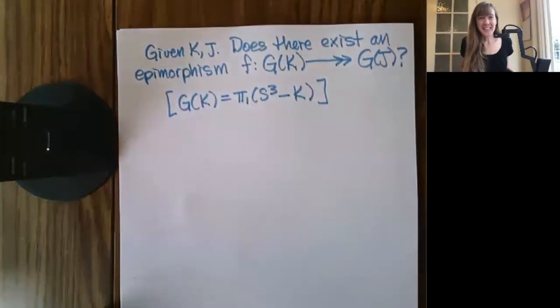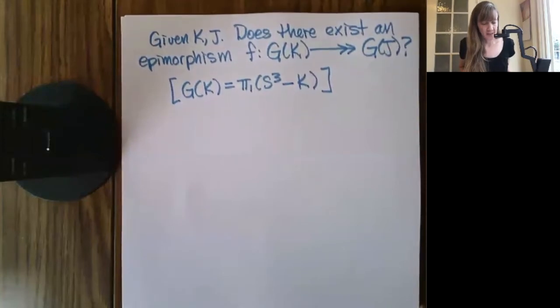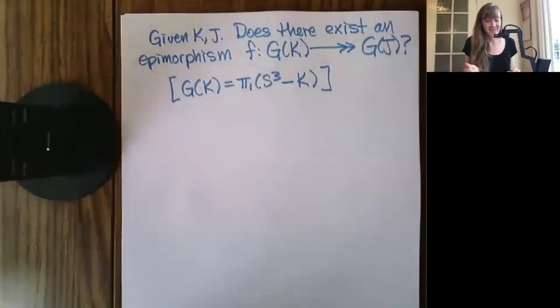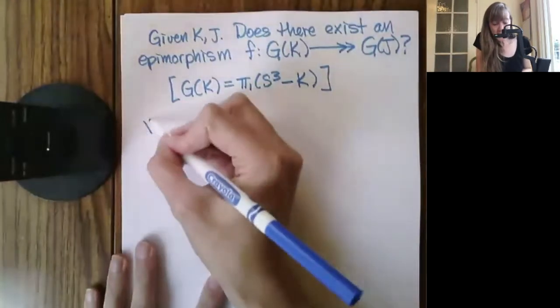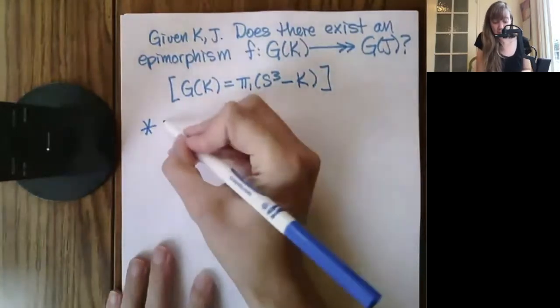Okay, so let's think about this relationship just a little bit and get comfortable with it. For example, if I fix a knot K, there always exists at least one other knot J that fits into this scenario, and that would be the unknot. So that's good. Any knot K has at least one such knot J.